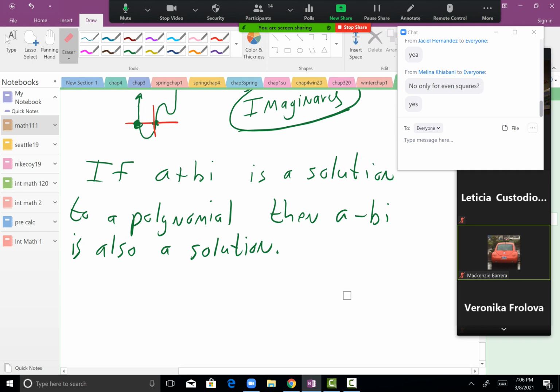So after we take our quick little 10-minute break here, I'm going to show you how we're going to solve these polynomials. All right, before we talk about rationals, we'll see how far we get. All right, so let's come back at about 20 after, and we're going to go to about 10 to 8, and then I want to give you some time to take your quiz.